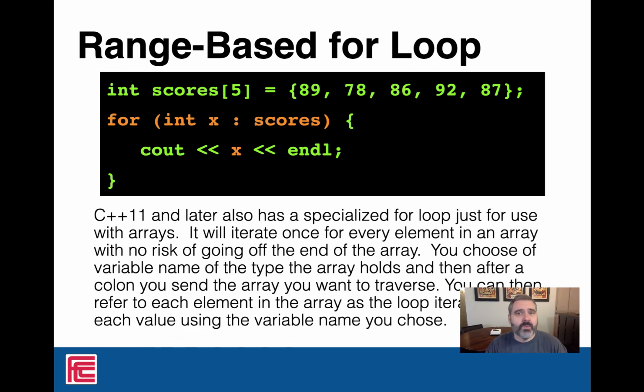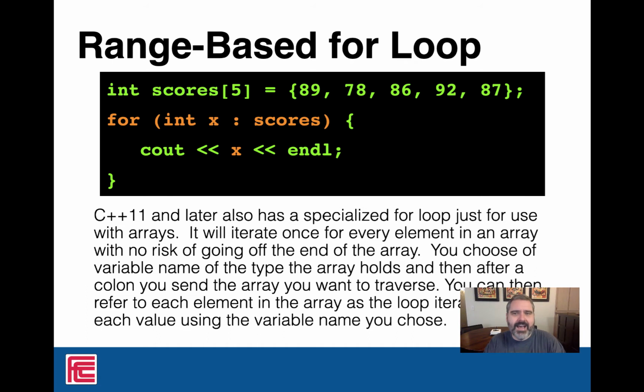You can also just use a range-based for loop. This works so long as it's within the same function. So for int x colon scores, we would say for int x in scores. A lot of times we actually say for int score in scores, and then you just use that variable.